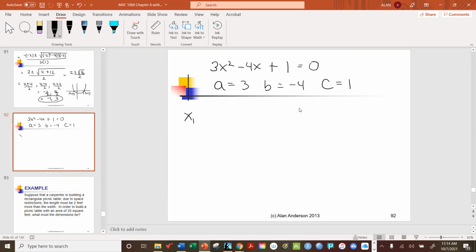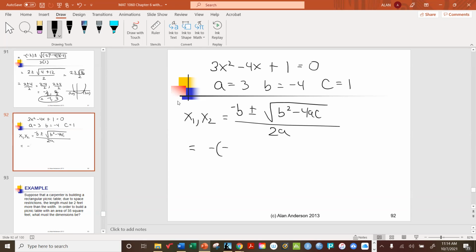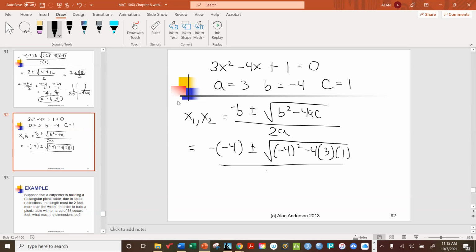So we have -4 plus and minus the square root of -4 squared minus 4 times 3 times 1, over 2 times 3.